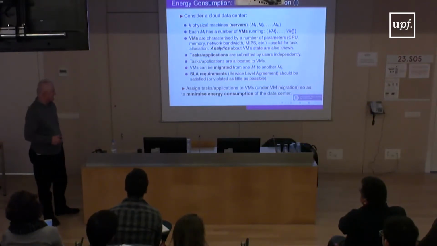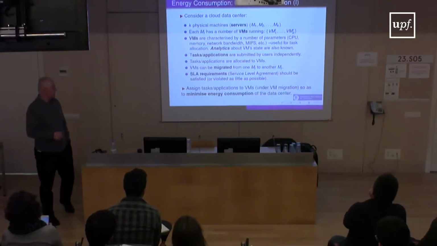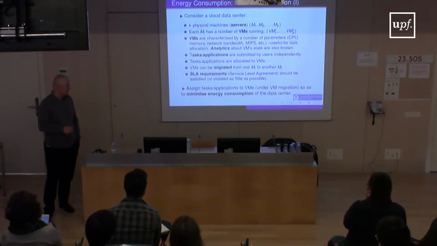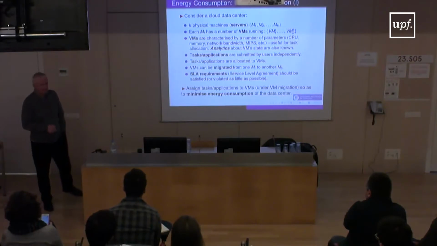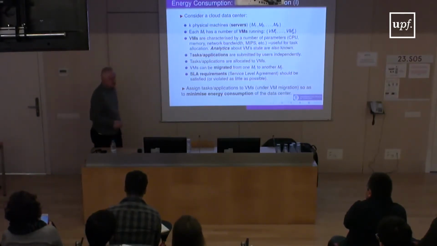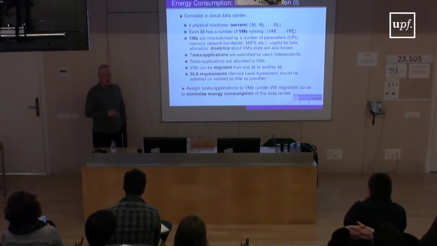And then under this instance of the problem, the objective here is a single objective: to assign the incoming tasks and applications to virtual machines by using virtual machine migration, so as to minimize the energy consumption of the data center. Obviously, we are not ignoring these service level requirements here.